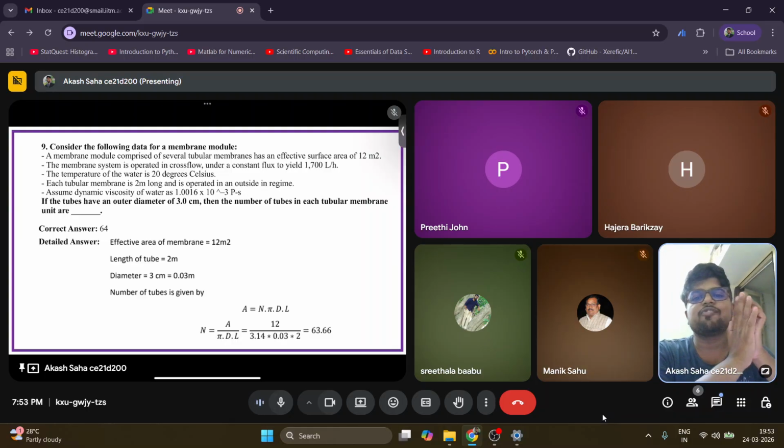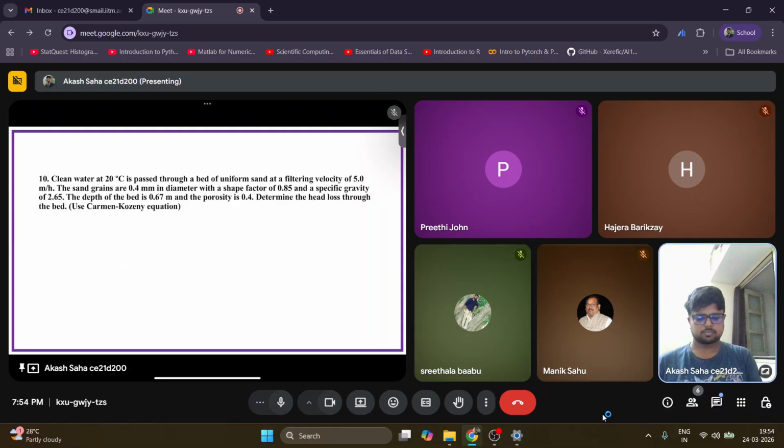Generally flux is not in liters per hour, it is liters per meter square per hour. So that area term is also important. They might have considered it to be 1 meter square area. So generally we don't depict the flux as liters per hour. It will always be liters per meter square per hour. We generally denote it by LMH. Okay, so that is the case.